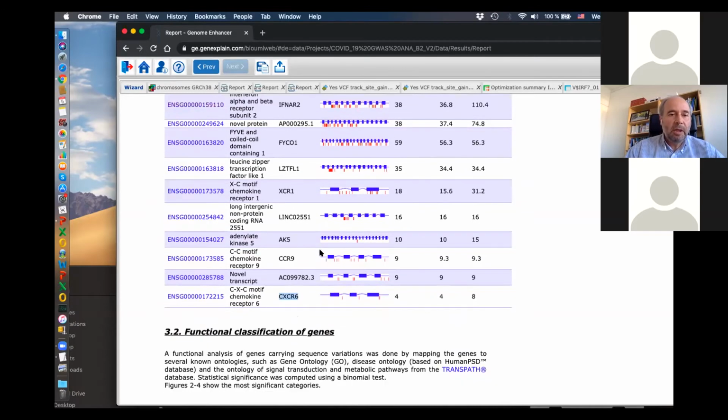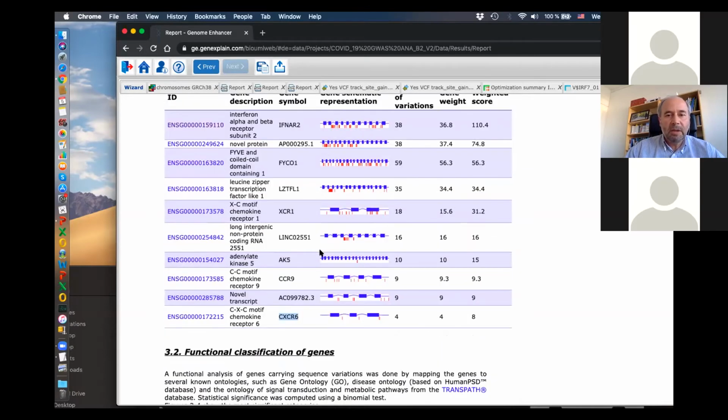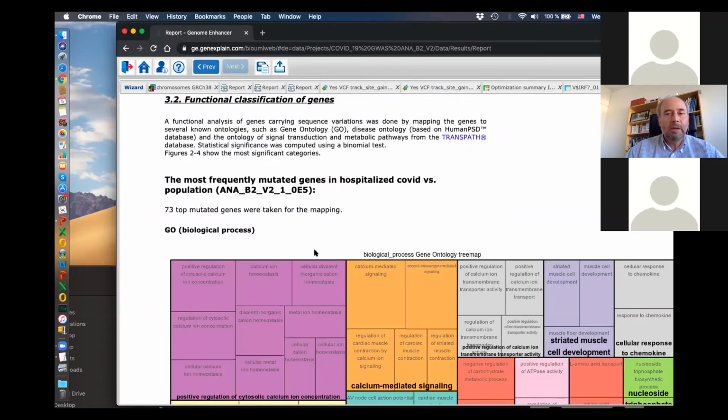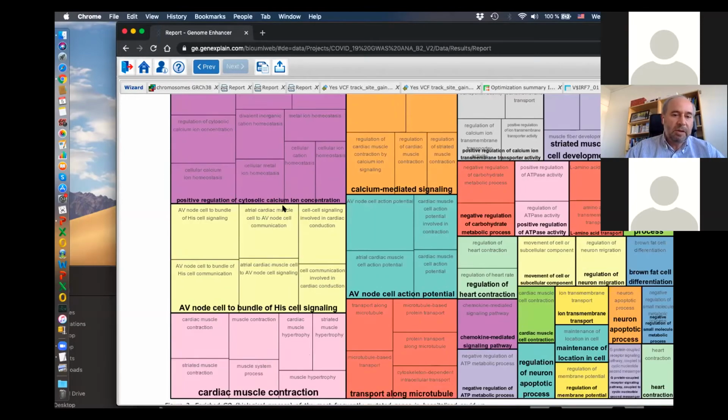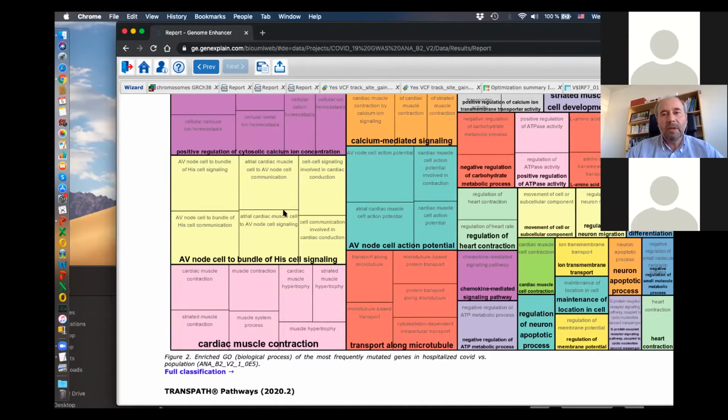Then we get all these genes, and we want to ask several questions: how these genes are related to each other, what they are doing, and so the functional analysis in terms of gene ontology is done.